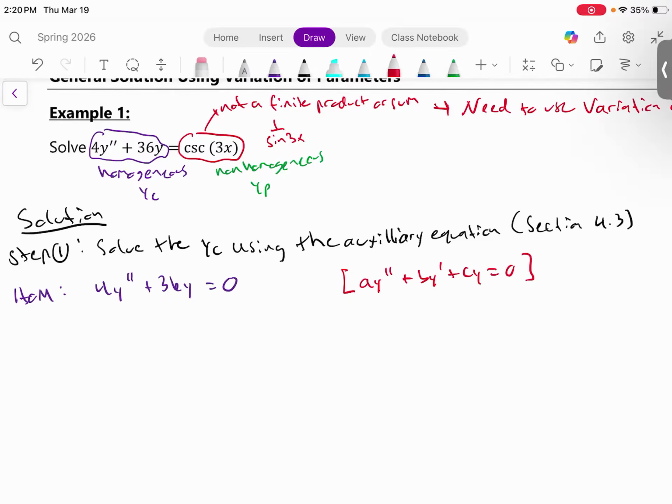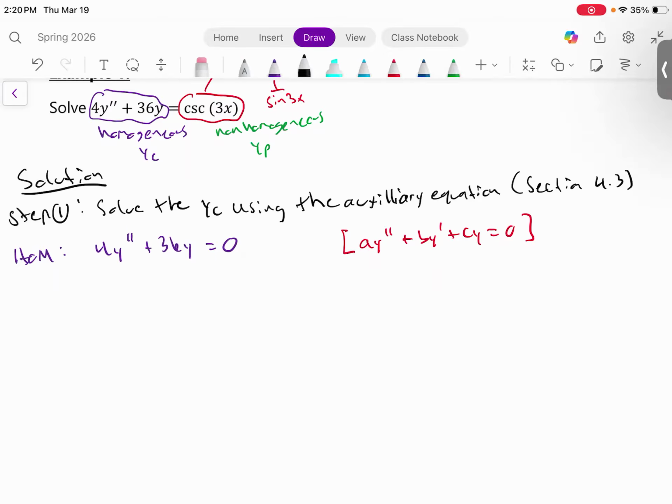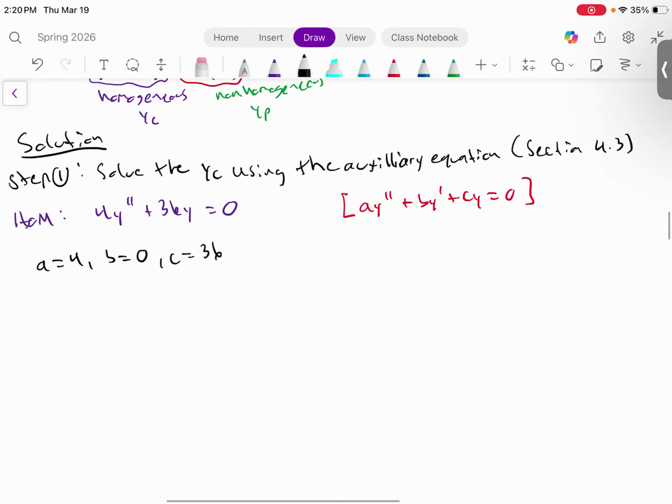So that means I have a equal to 4, b equal to 0, there's no y prime there, and c equals 36. So my characteristic equation would be 4m squared plus 36 equals 0.